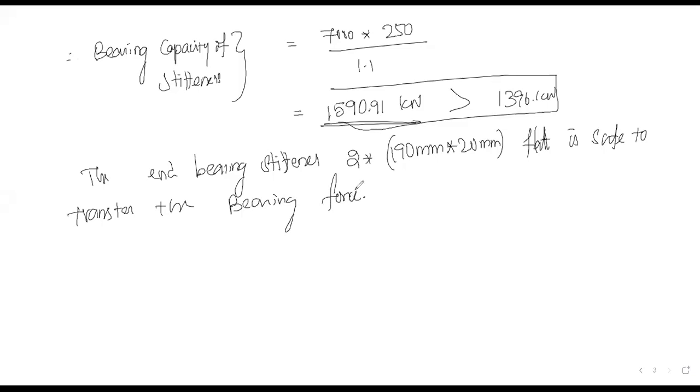So this is the way we have done the check. The end bearing stiffener, whatever we have chosen, will be safe in all aspects. That 190 mm by 20 mm by 2000 mm height will transfer the forces effectively to the support. This is with respect to the end bearing stiffener.